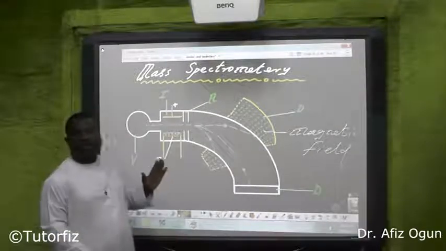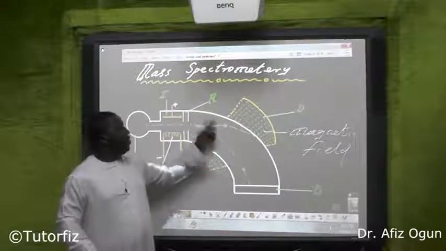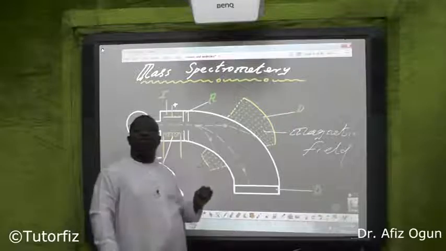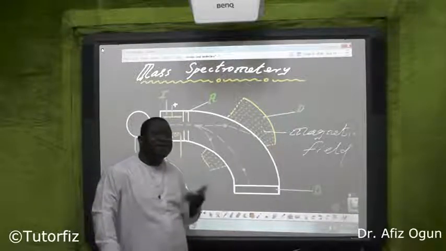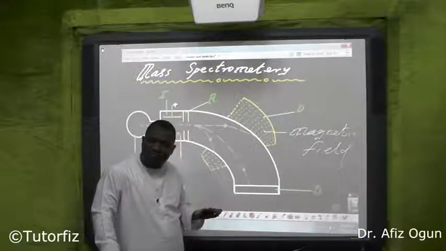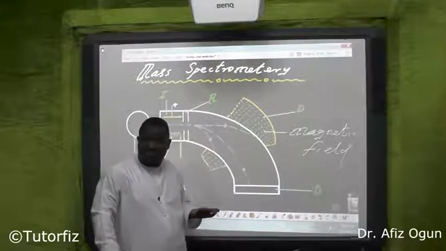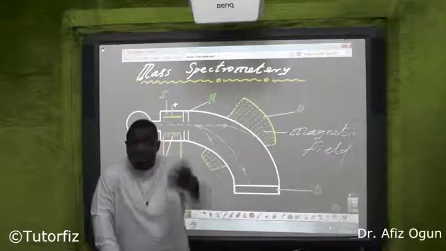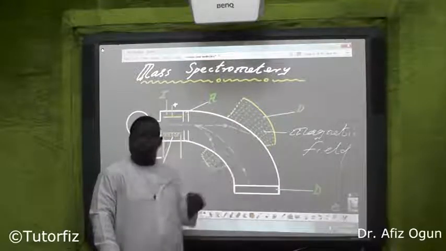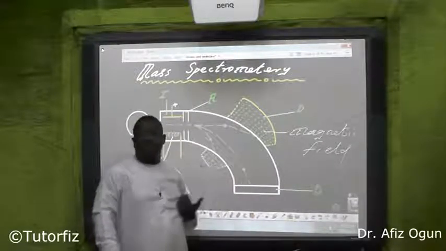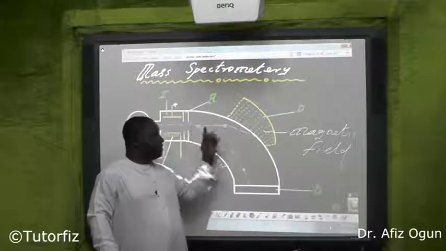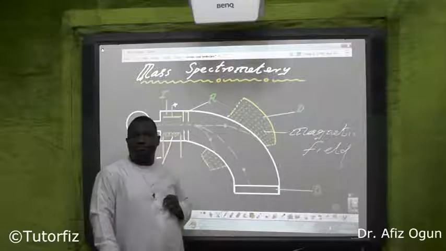We designed it to curve because whenever a charged particle enters a magnetic field, it changes direction. We know that. It tries to move in a circular manner, so it changes direction from the straight path. It enters the magnetic field and it changes direction.